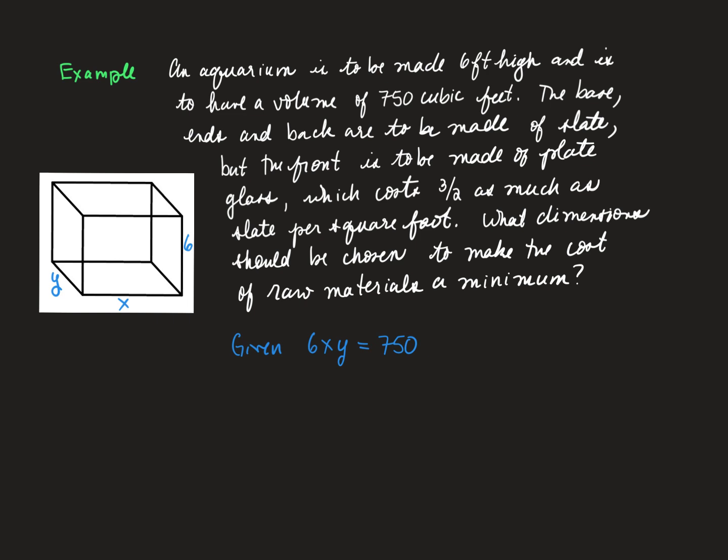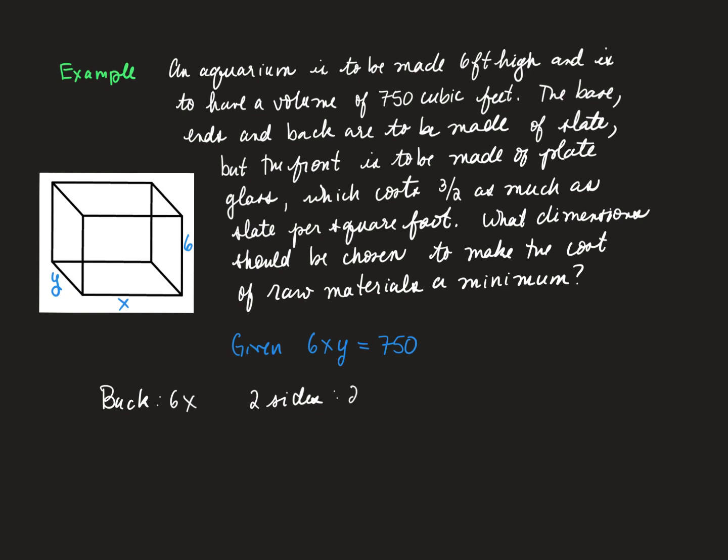So let's first of all think about the surface area. The base, back, and ends are all going to be made of slate, which all cost the same thing. So let's go through those ones. The area of the back is going to be 6x. And the area of the two sides, by the two sides I mean this one and this one, each have area 6y.